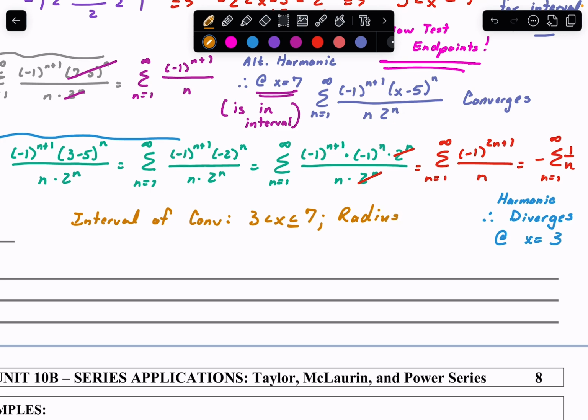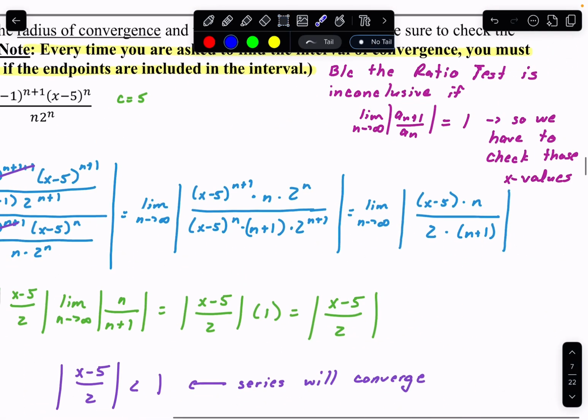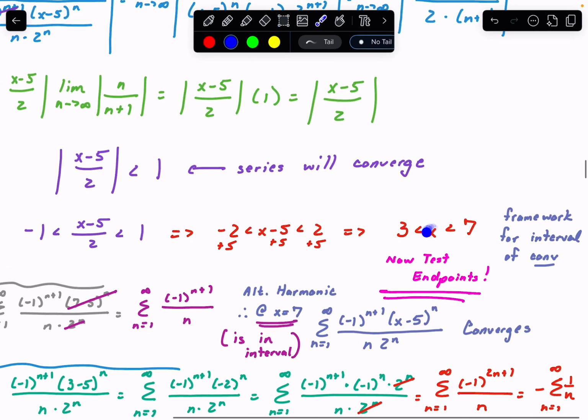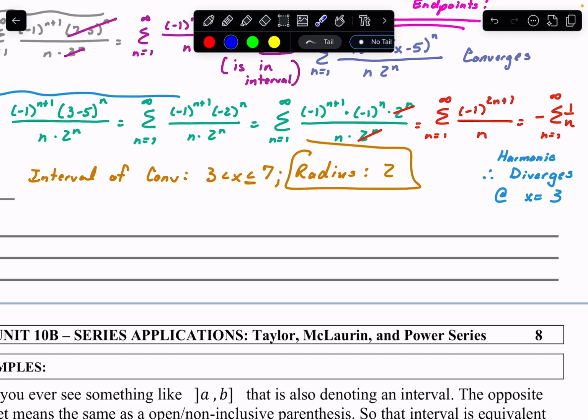So the radius of convergence, right, is still from the center, okay? So I've got the center would be 5, so I went 2 units this direction and 2 units this direction. So I can tell that the radius is 2. Whether or not these are included, that will have no impact. Okay, so the center is here, 2 to the right, 2 to the left, so the radius is 2. And then, of course, the interval is 3 to 7, and we include the 7.